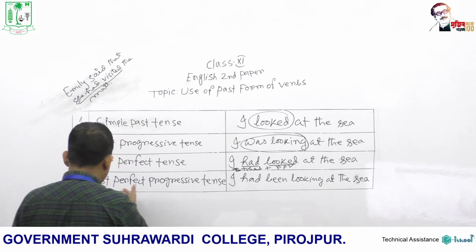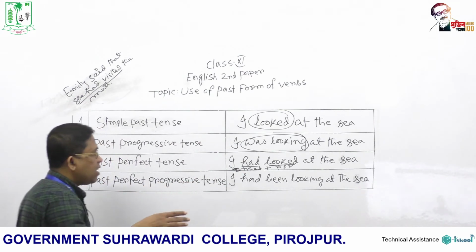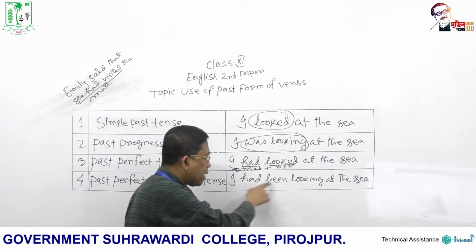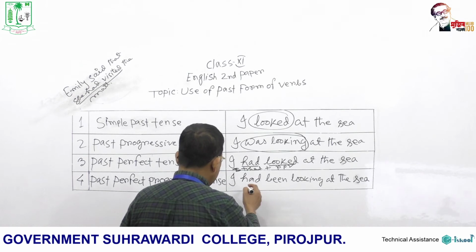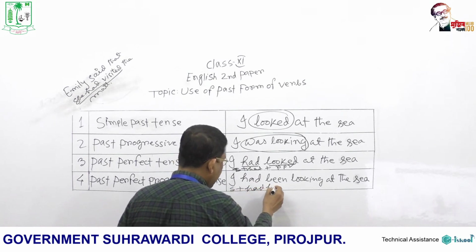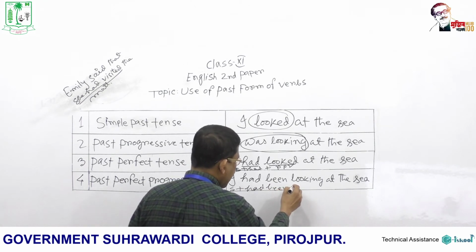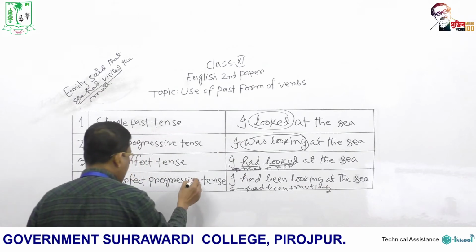The last one, past perfect progressive tense, or another name, past perfect continuous tense. I had been looking at the sea. Look at the structure: subject plus had been plus main verb plus ing, as it is continuous or progressive.